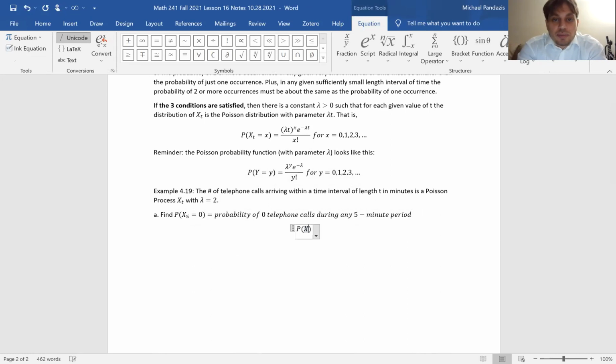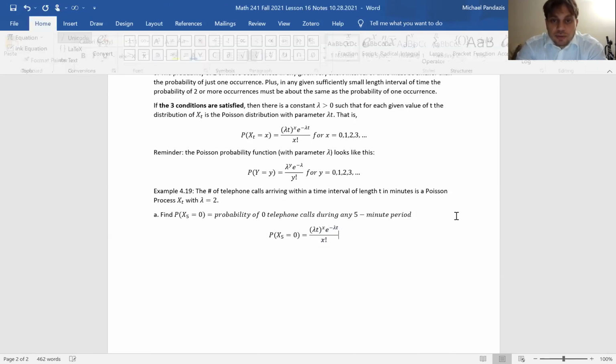So what we want is the probability that x sub 5 is equal to 0. And so this is going to be lambda times t raised to the x power times e raised to the negative lambda t over x factorial.